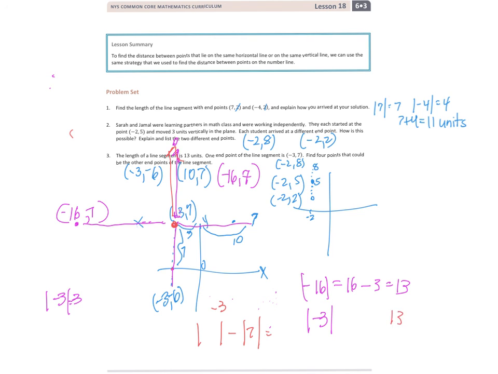So what is 13 plus 7? 7, 8, 9, 10, I think it's 20. So what if I had negative 3 and I go up 20? Would that work? The absolute value of 20 minus 7 is 13. Okay, that was a little more challenging because look at all my scribble all over the place. Those are my 4 points right there. Okay, fantastic job.